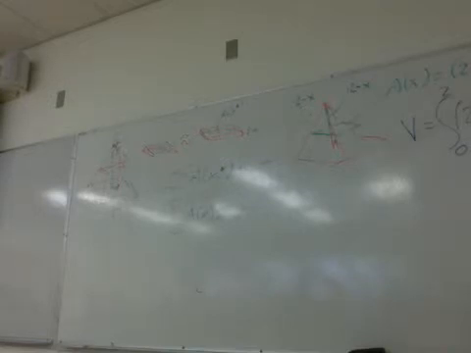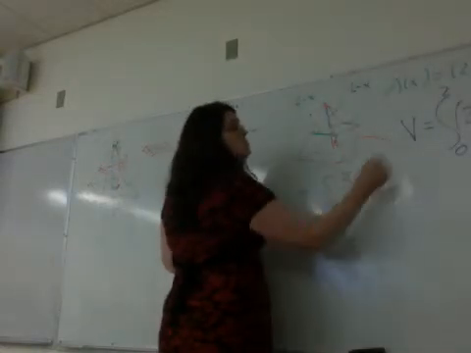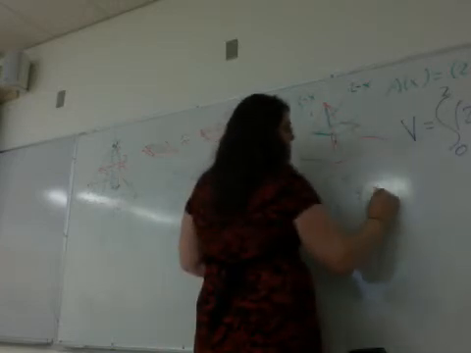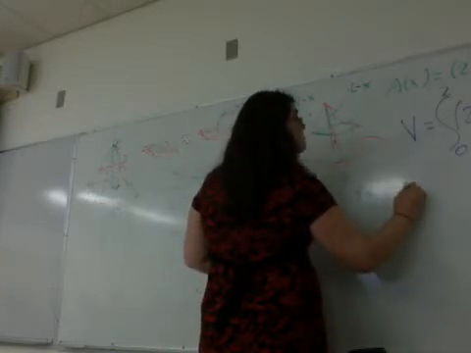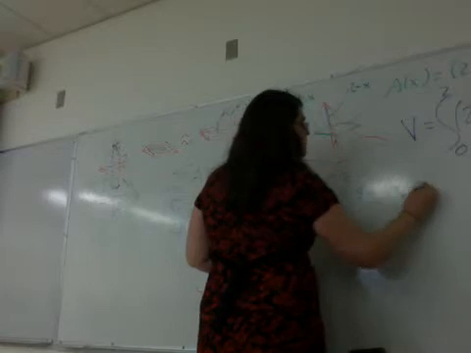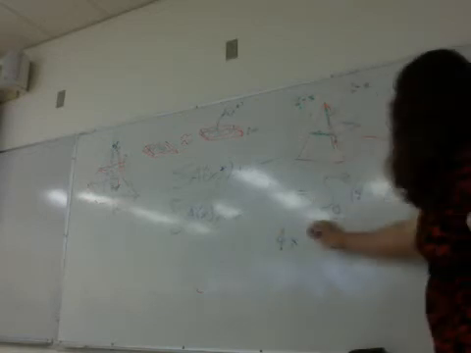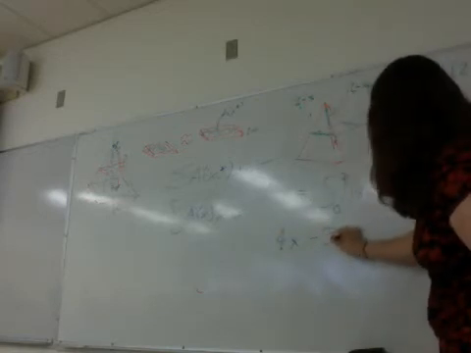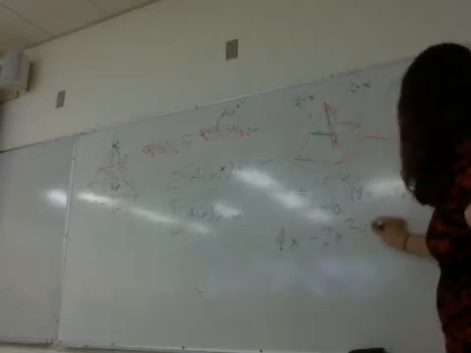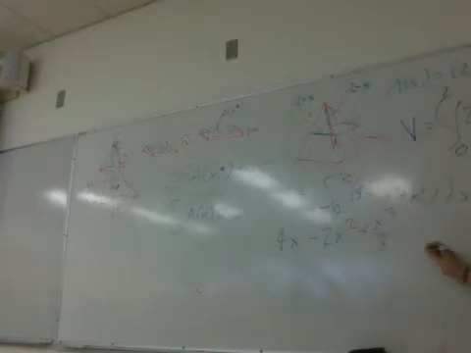Oh yeah, now I want to finish the example. To finish the example, I've got to integrate this. (2 minus x) squared, if I expand it, becomes 4 minus 4x plus x squared. The integral of 4 is 4x. The integral of negative 4x is negative 2x squared. The integral of x squared is x cubed over 3.